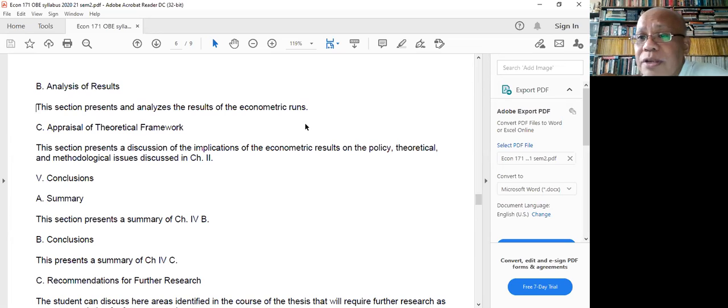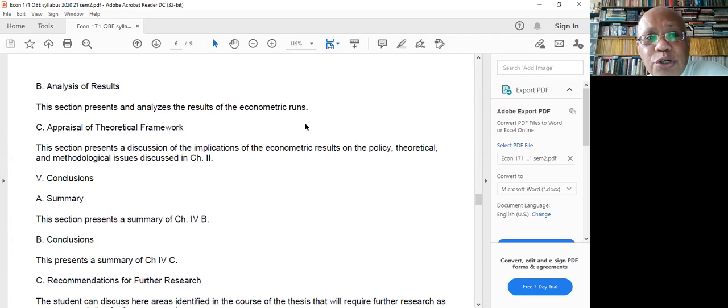Three asterisks means significant at 0.01, two asterisks significant at 0.05, and one asterisk significant at 0.1. And you'd know from your statistics that it's the 0.05 significance that is considered valuable. That is the statistical significance.